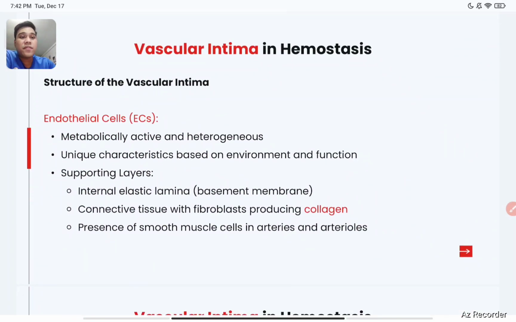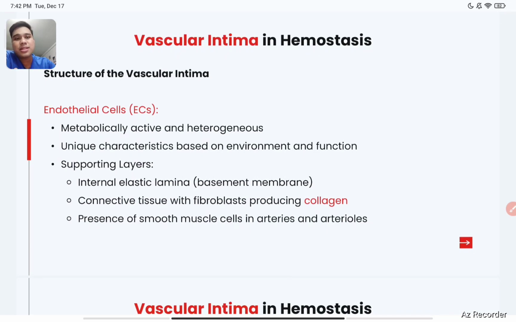So the structure of the vascular intima, so we have the endothelial cells. So dito tayo more on magfo-focus sa tunica intima, because we will learn later yung mga substances that are secreted by this layer, so that we can have a procoagulant or an anticoagulant state.